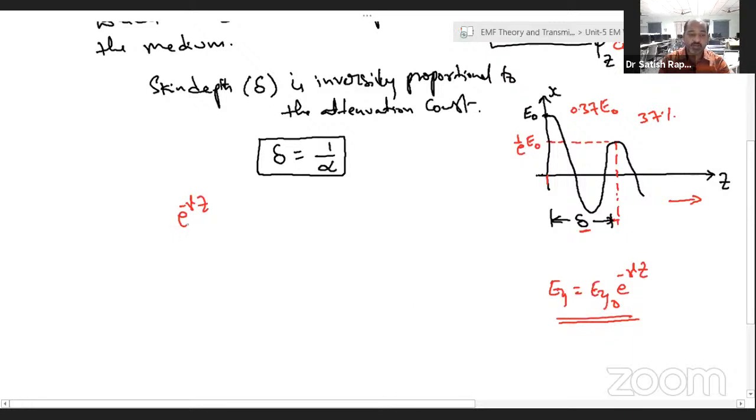So what is e power minus gamma z? It is e power minus (alpha plus j beta) z, which is equal to e power minus alpha z times e power minus j beta z.